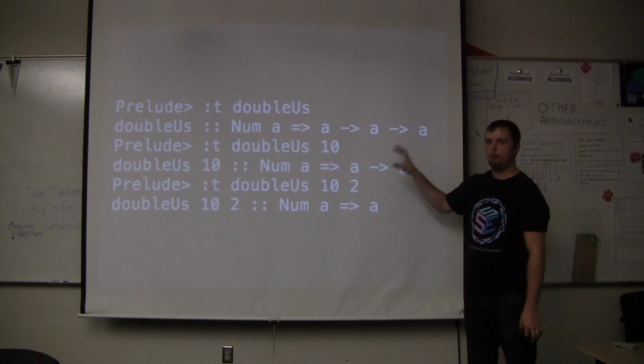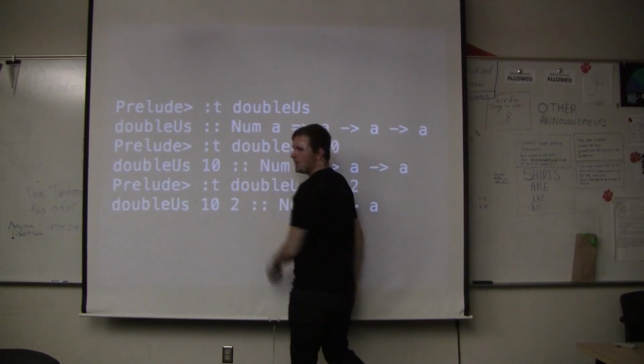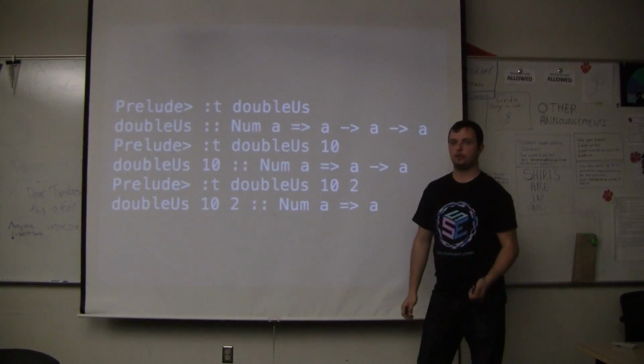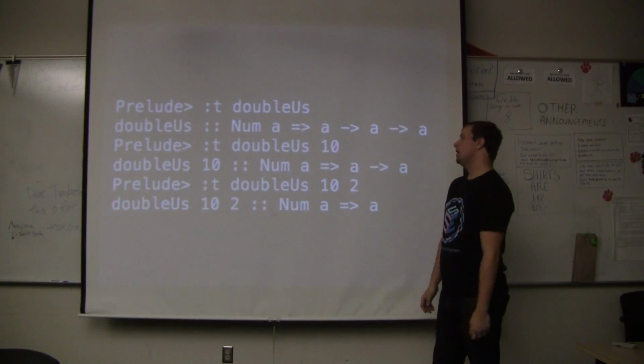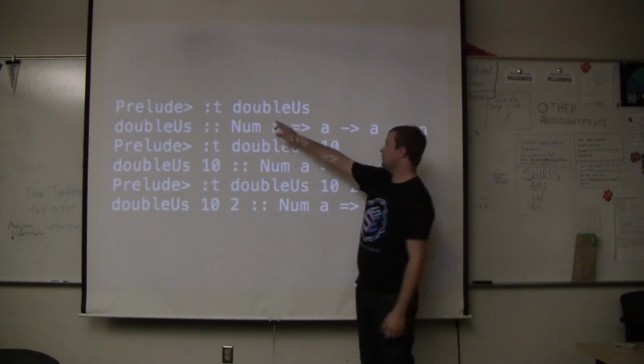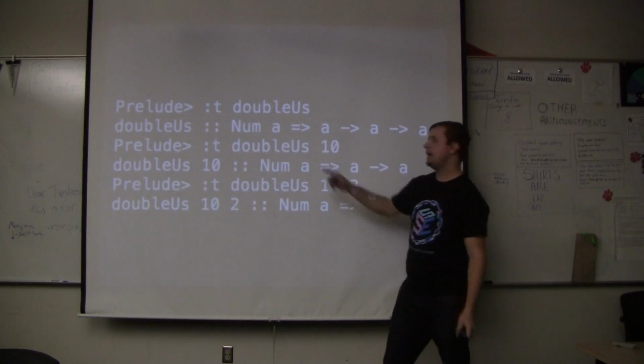This is the output of a GHCi session. The :t notation in GHCi stands for output the type of whatever it is I have. So, for example, the type of double us is a to a to a, where a is a number.